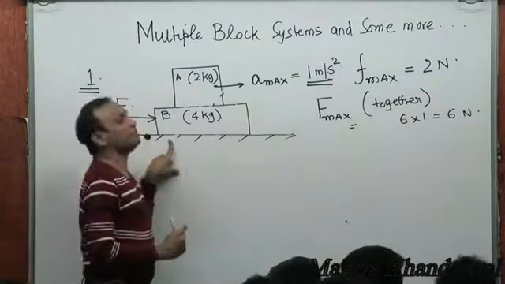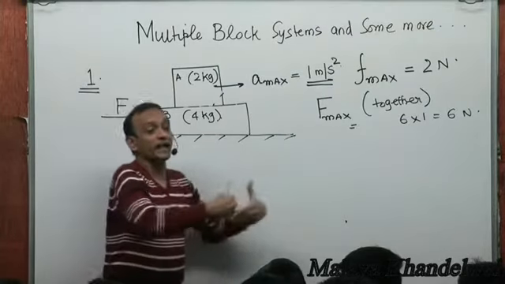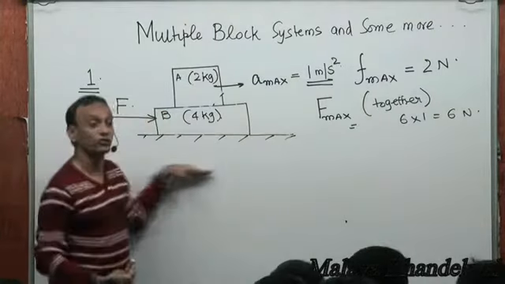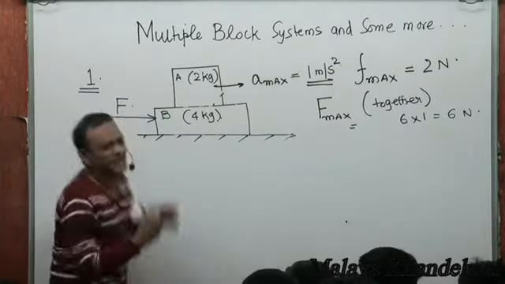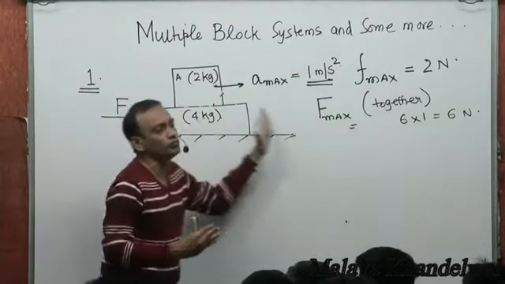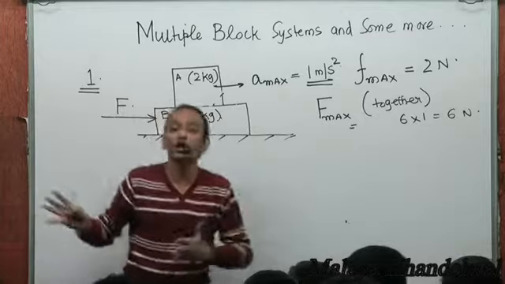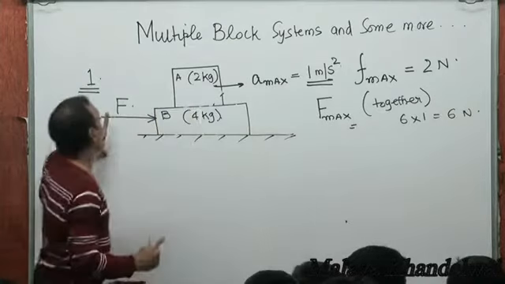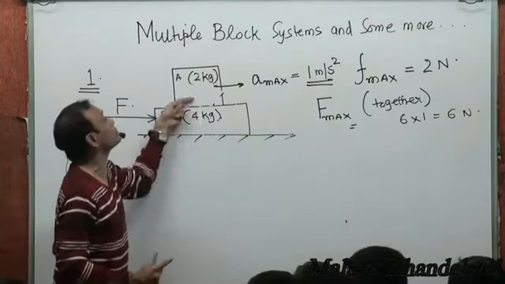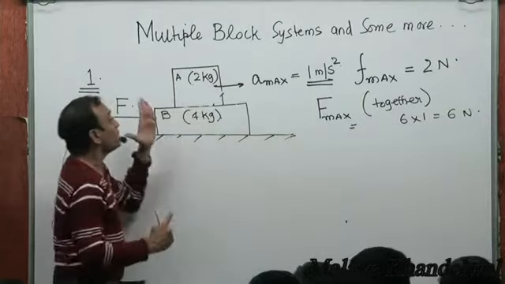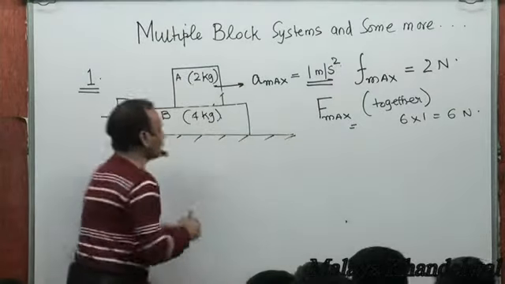Therefore, in order that B could move, all that it has to overcome is the ground, and the ground is smooth. So anything slightly greater than 0 will cause B to move and A and B to move together with a common acceleration. As I go on increasing capital F, the frictional force between B and A will go on increasing. B will apply on A forward frictional force.